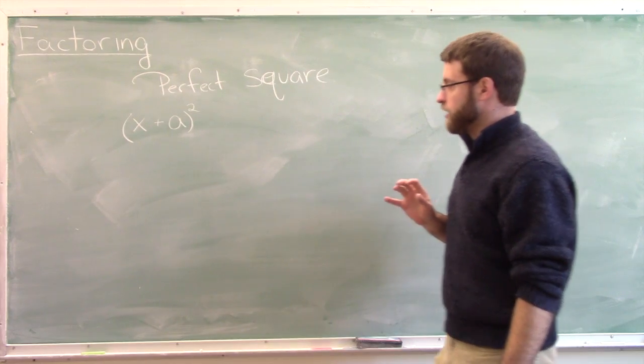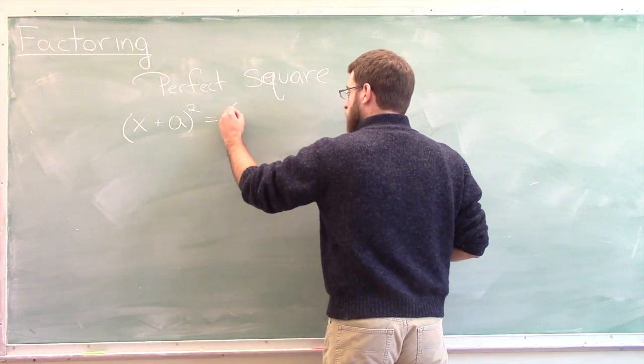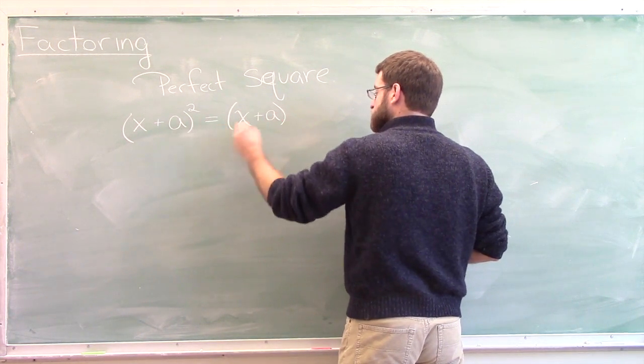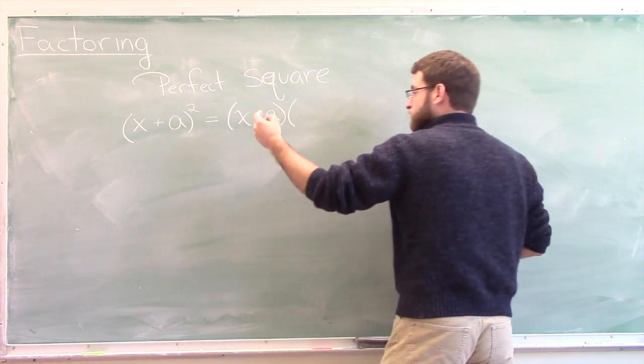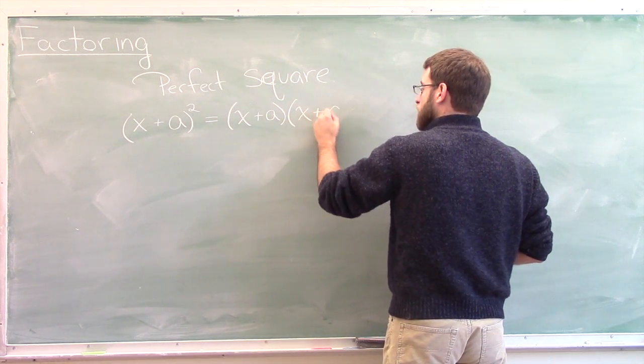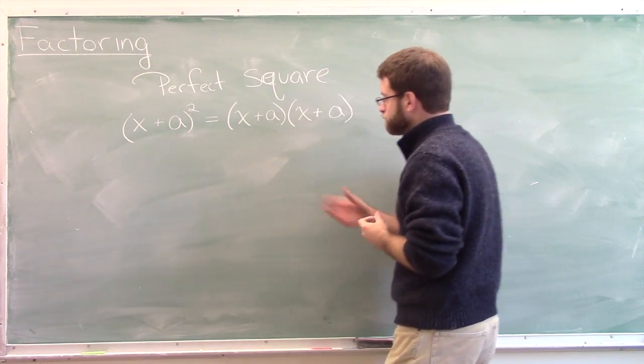When I look at this pattern, the factors, I get two copies of the factor x plus a. So x plus a squared, by the definition of the exponent 2, the squaring, has got to be equal to x plus a times x plus a. Right?